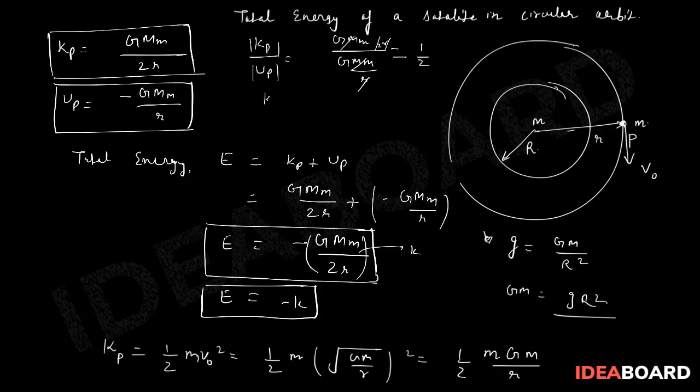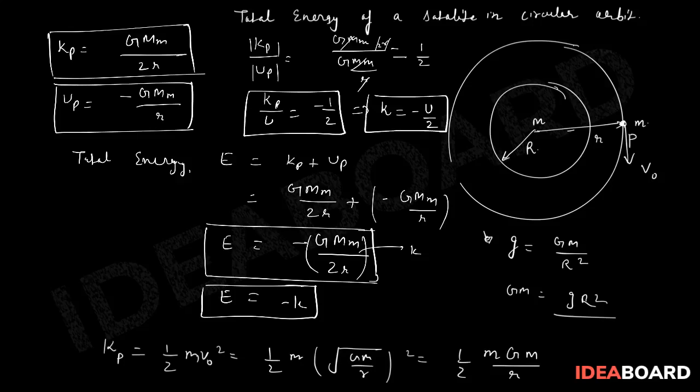And by the way, I can generalize it: K upon U is minus 1 upon 2, because if you take the signs into consideration, then K is equal to minus U by 2.